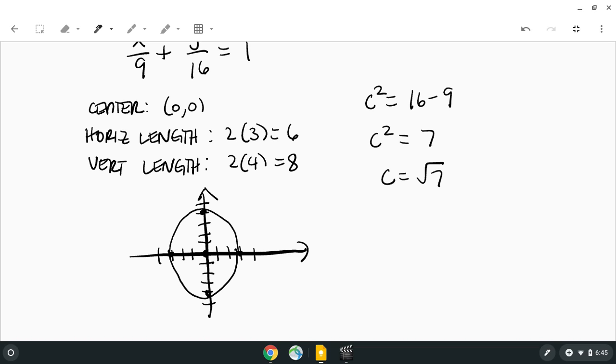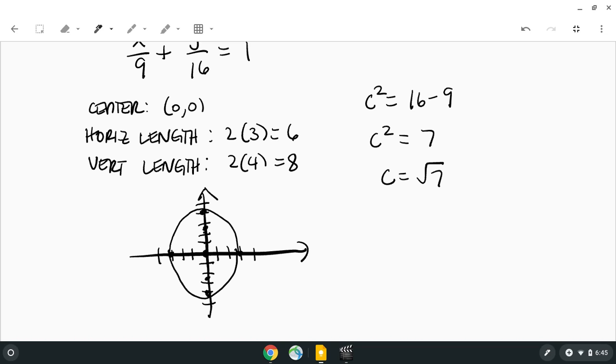That means I have to go square root 7, which is, again, 2 point something along the major, and vertical is the longer, so it's going to go 1, 2 point something right in there somewhere, and 1, 2 point something right in there.